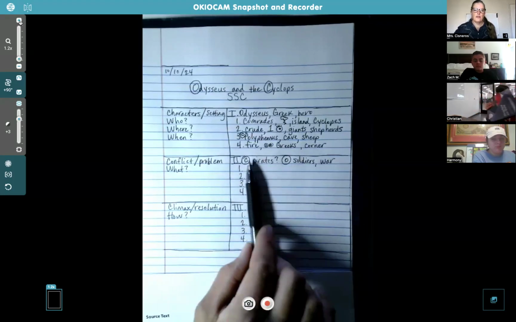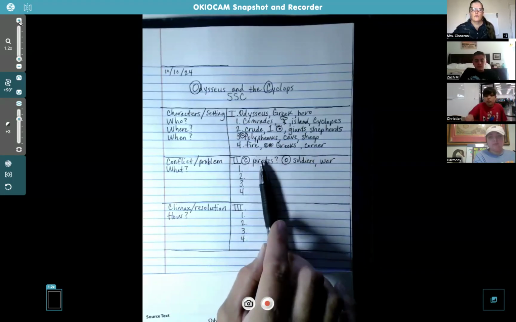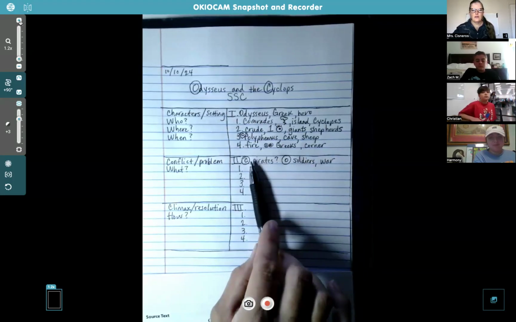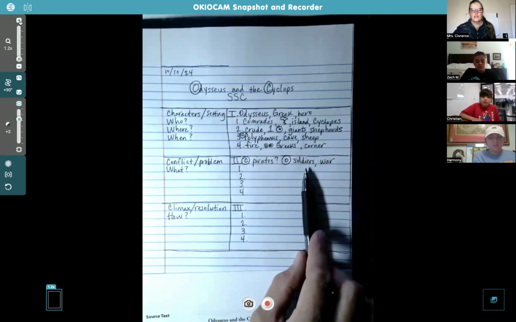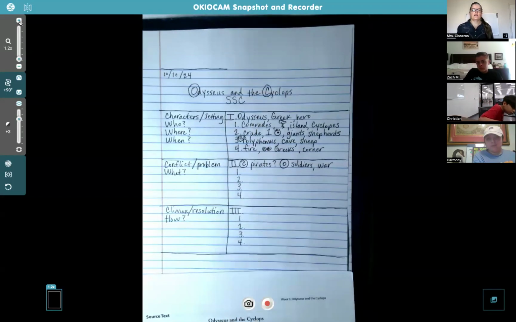Everything in this box should really talk about the conflict. So we're leading into it, right? They said we're not pirates, we're soldiers. And then all of a sudden, remember the Cyclops eats two of the guys. So now the problem is coming into play because these men are dying. And then they devise a plan on how to escape the cave. That's what you're going to talk about here, how they came out of that cave.